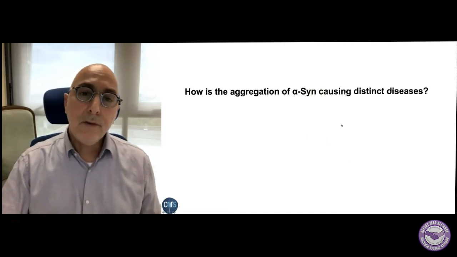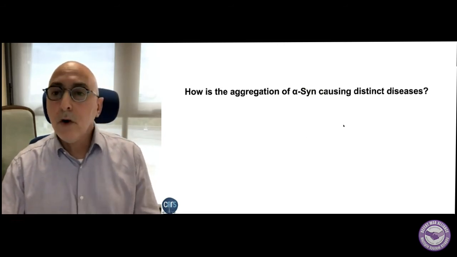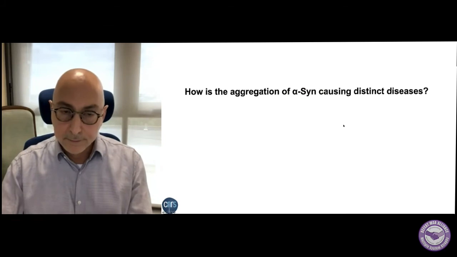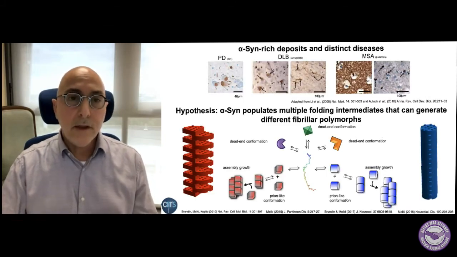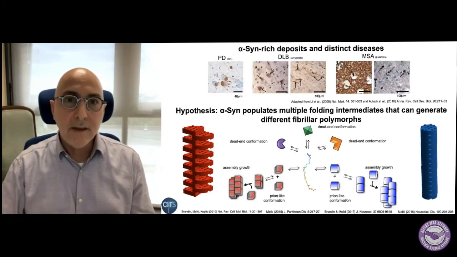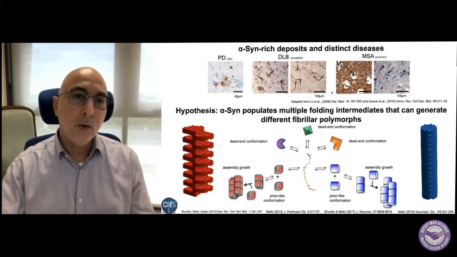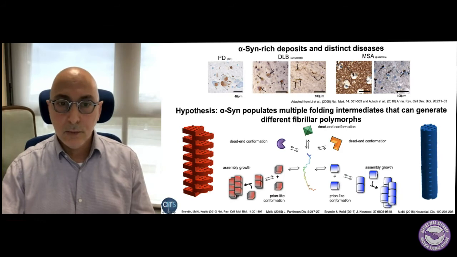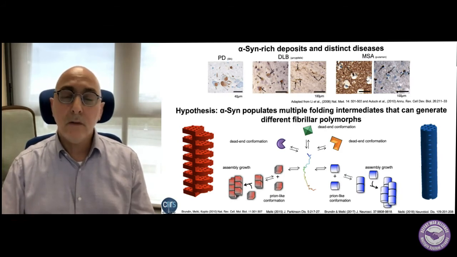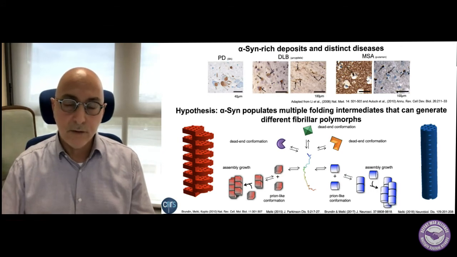But how is the aggregation of one protein causing distinct diseases? Usually, the aggregation of one protein was considered to cause one disease. And you may know that alpha-synuclein aggregation is associated with Parkinson's disease, with dementia with Lewy bodies, but also with multiple system atrophy. So how come one protein is causing very different diseases?